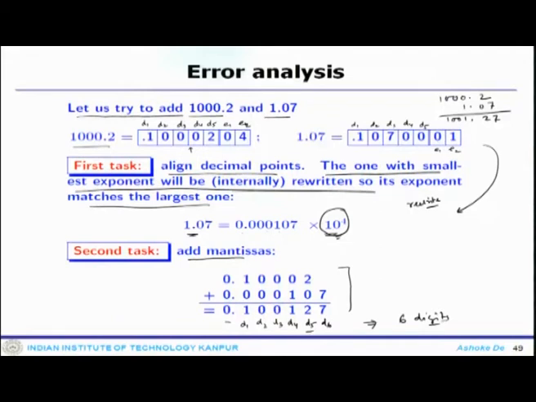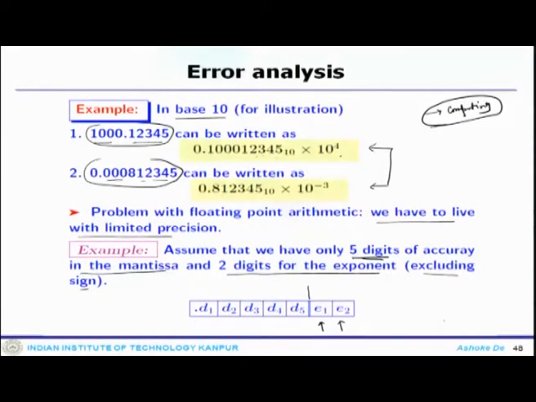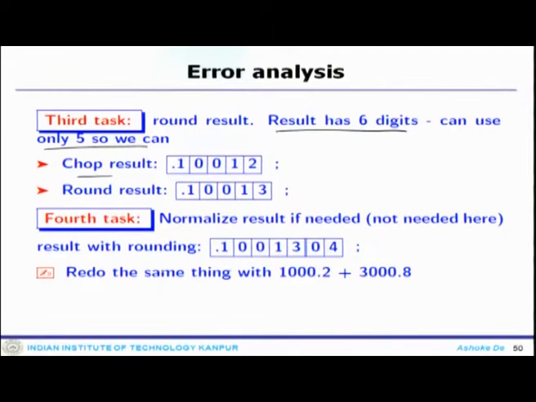Now, our precision as per the problem description is 5 digits of accuracy in the mantissa. So, even after the addition you will get a result limited to 5 digits, where it is rounded up to 0.10013, again to 5 digits, because that is the accuracy you have.